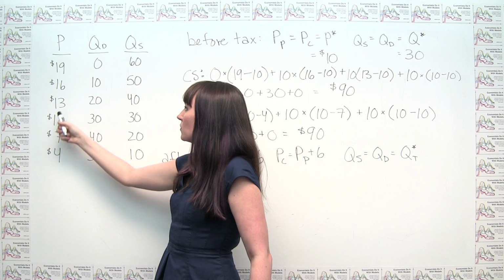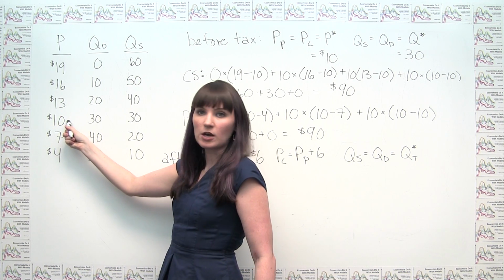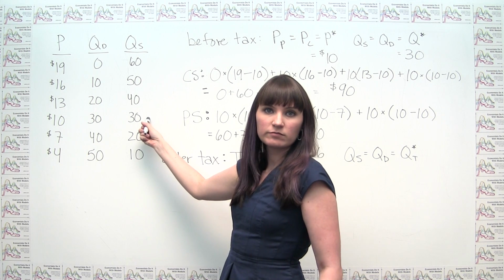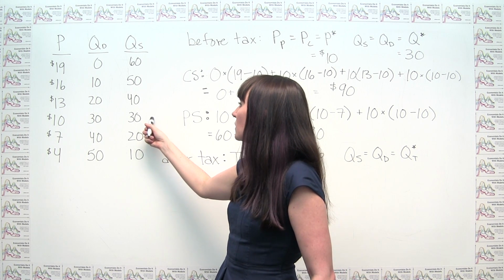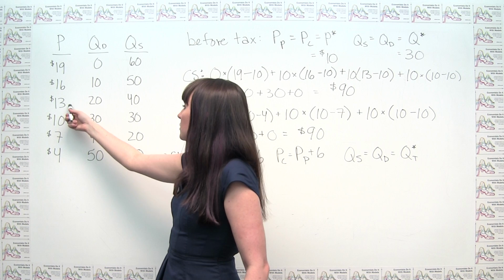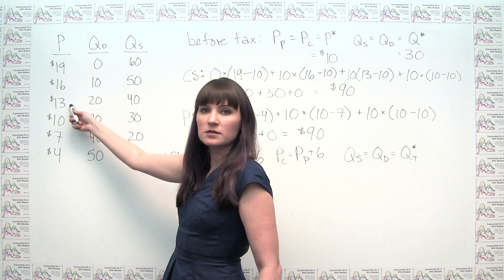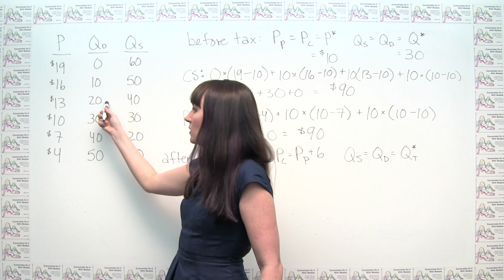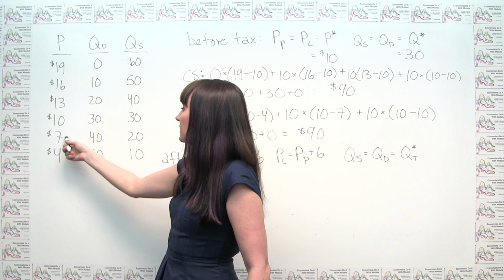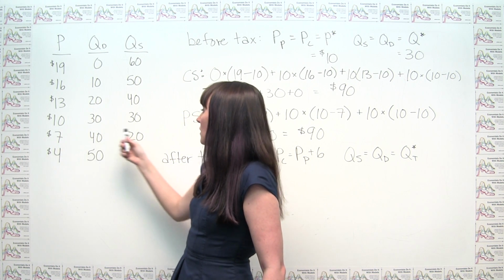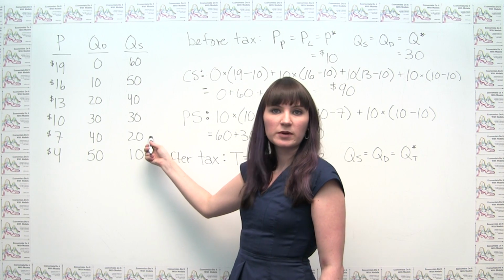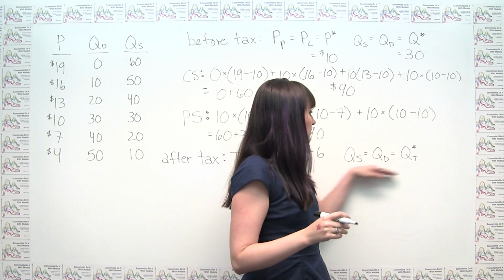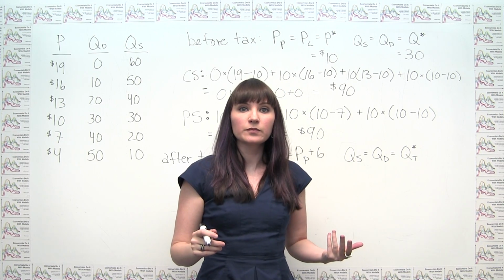The producer would be getting $10, and he'd be supplying 30 units. Not an equilibrium. If the consumer was paying $13, they would be demanding 20 t-shirts. The producer would be getting $7, and he'd be supplying 20 t-shirts. Oh, hey, look, that's where our condition for equilibrium is actually satisfied.